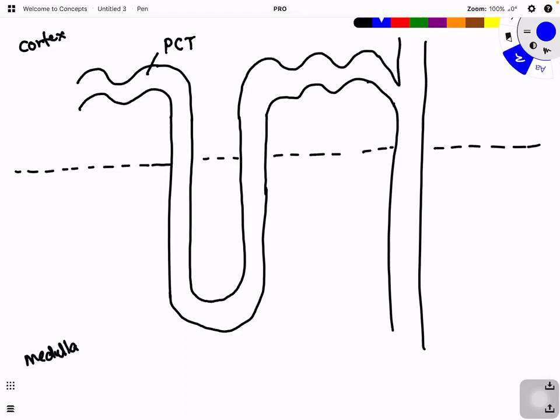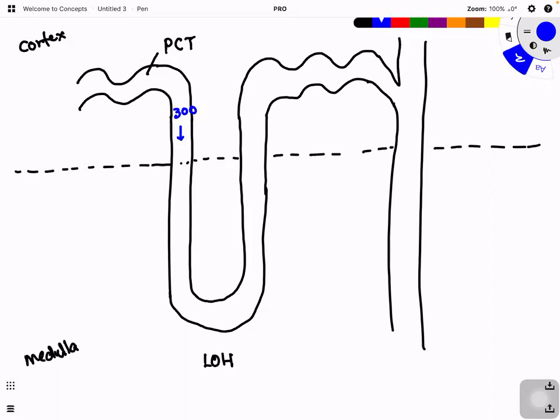Osmolarity in this case is the concentration of solutes. Before entering the loop of Henle, this is the loop of Henle, it is roughly about 300. Are you clear? About 300 osmolarity.